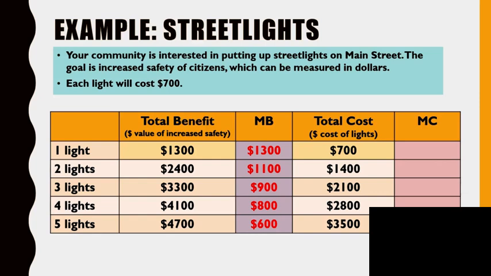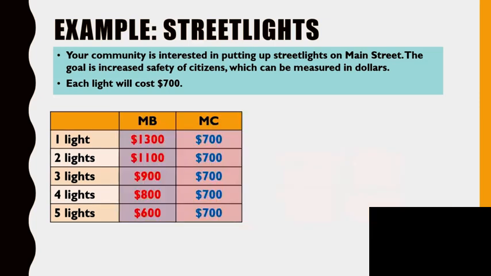For the 3rd streetlight, it goes up by $900, then $800, then $600. Same thing with total cost. We've got to calculate marginal cost. Does everyone agree that our marginal cost here is constant at $700? So the first streetlight costs $700, but 2 together is $1,400, and 3 together is $2,100, and 4 together is $2,800. So each time the marginal cost is $700.